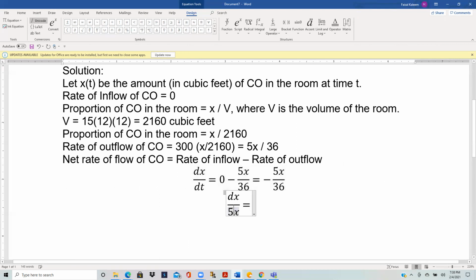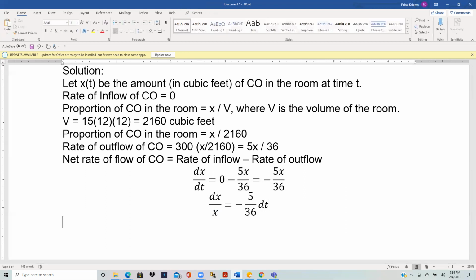Actually, we could just do dx by x and leave all the constant on the right-hand side. So dx over x equals negative 5 over 36 dt. Now this is separable, so integrate both sides.